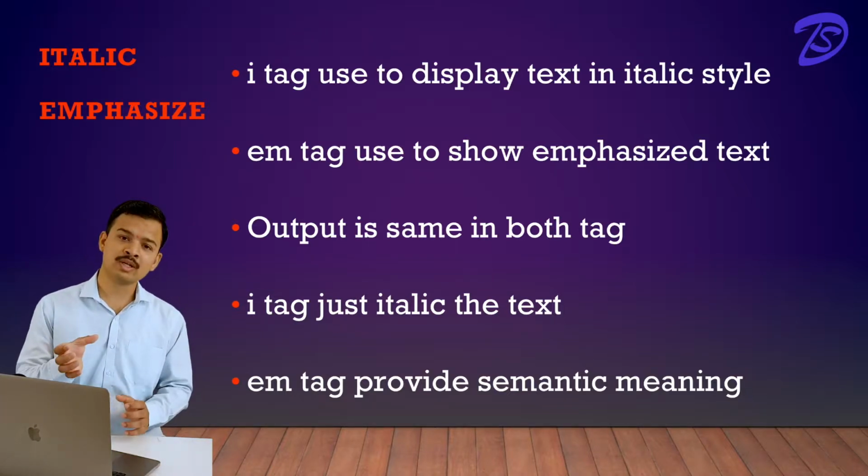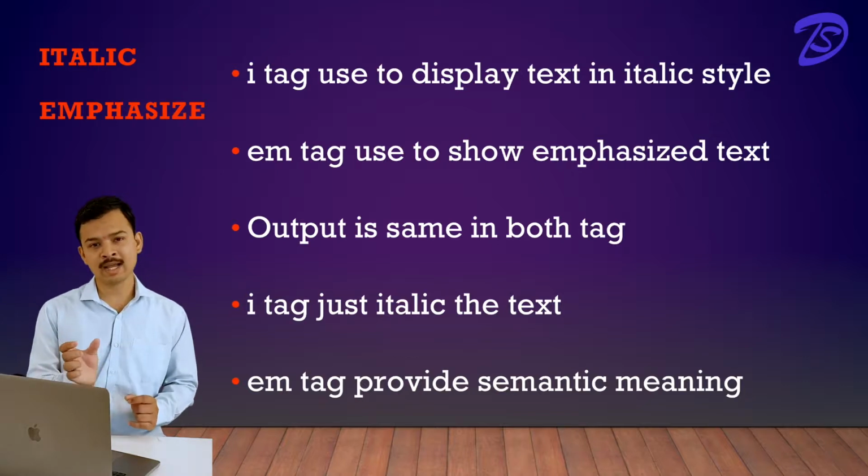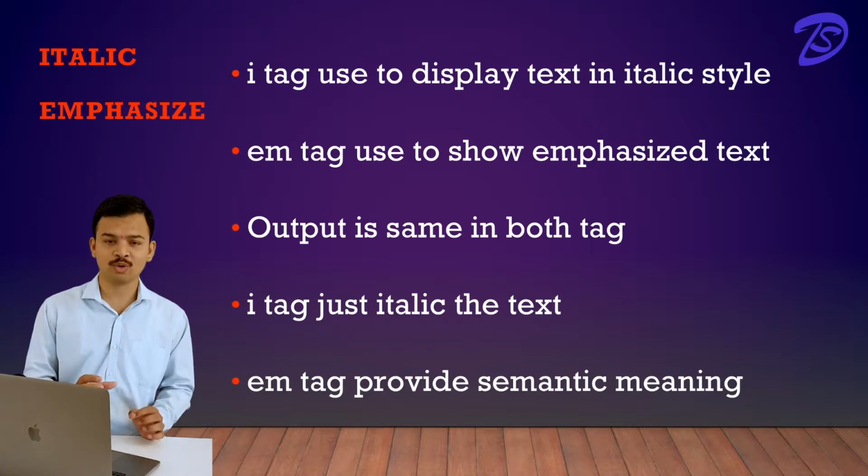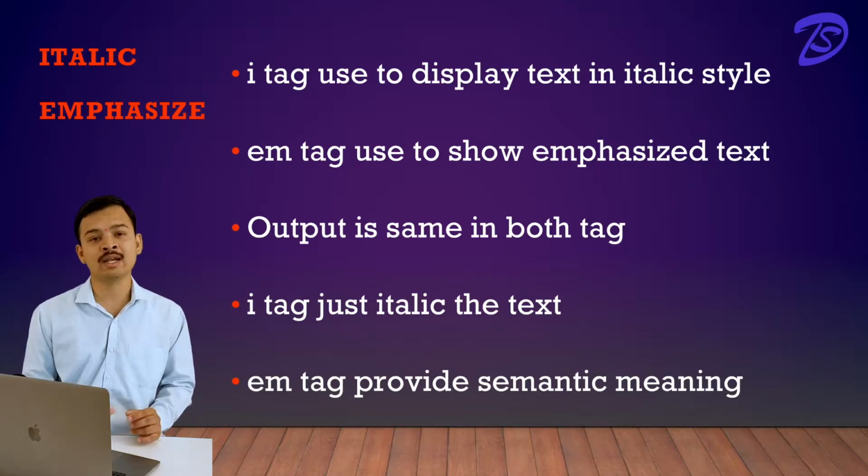So when the browser processes the I tag, it just does italic, but when the browser processes the EM tag, it takes it as an important note or important text in that line.